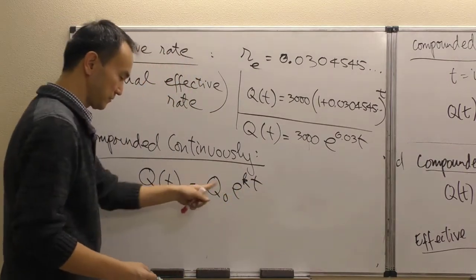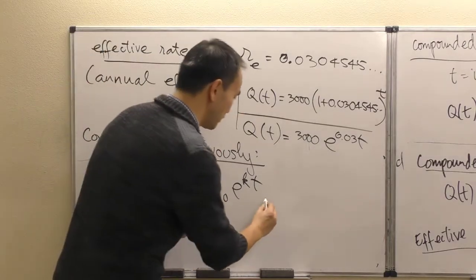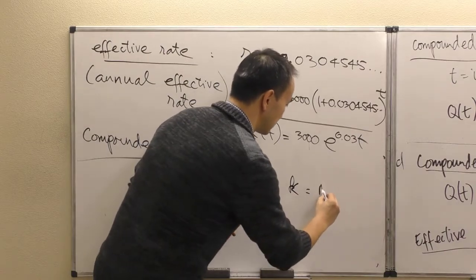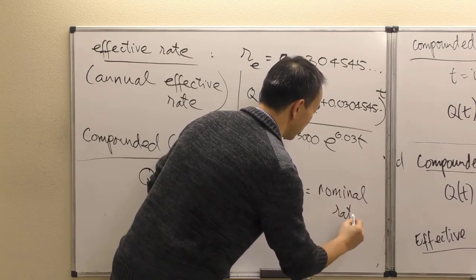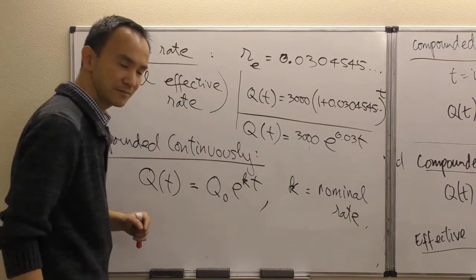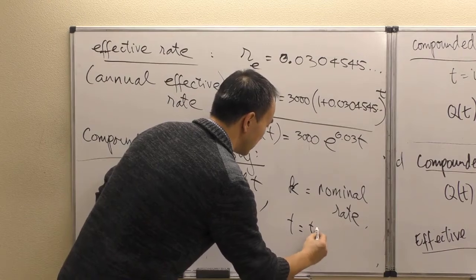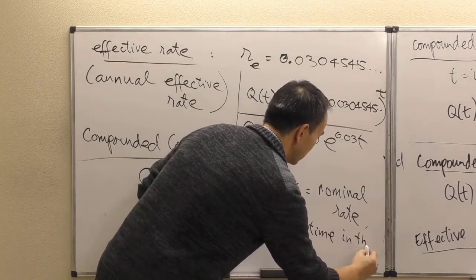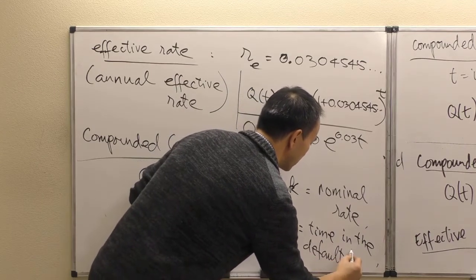So now one way we can use that model, just like I explained earlier, where k is the nominal rate. Okay, it came from the nominal rate. And then t here is time in the default time period.